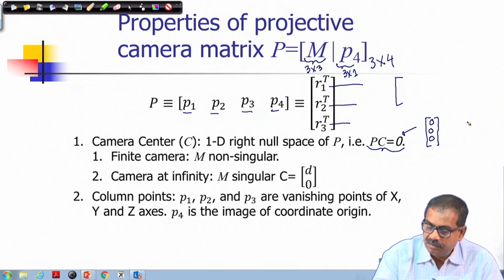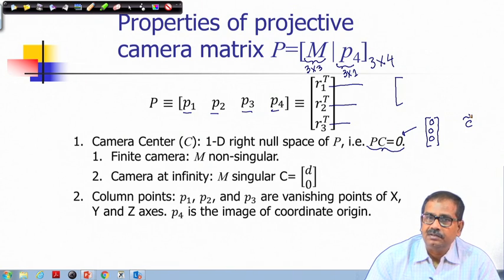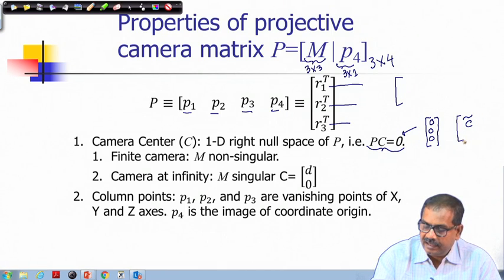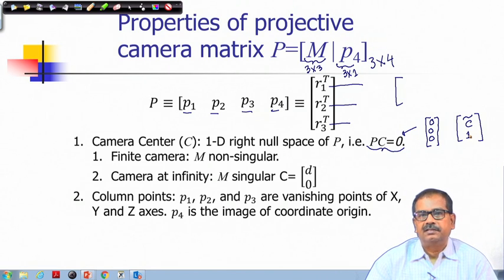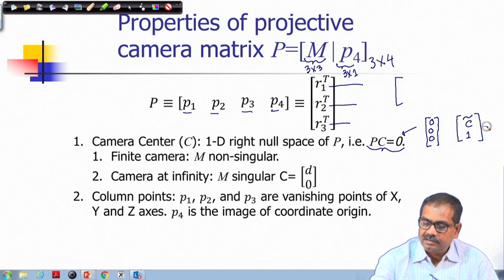Suppose the center in the non-homogeneous coordinate system is denoted as C tilde, as we used this convention in earlier lectures also. If I use a scaling coordinate of 1 in the additional dimension of the homogeneous coordinate system, this represents the camera center.